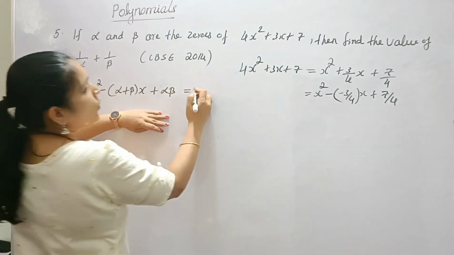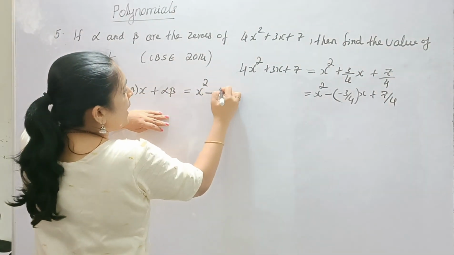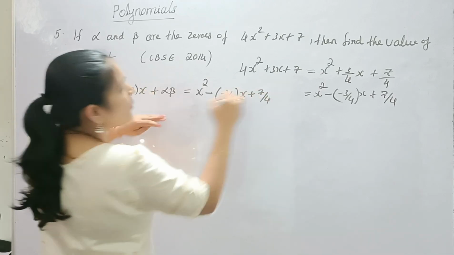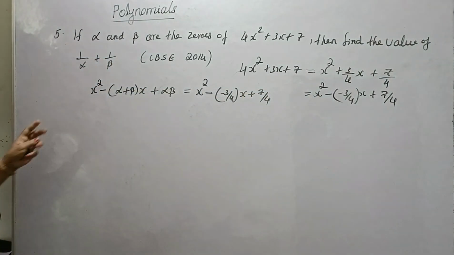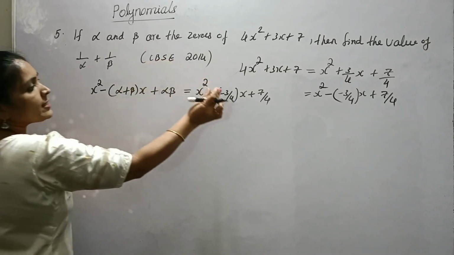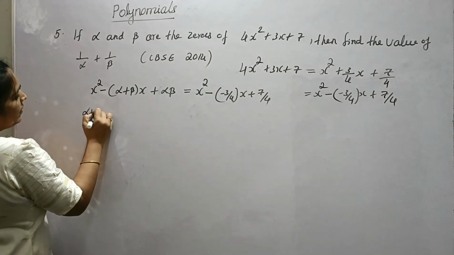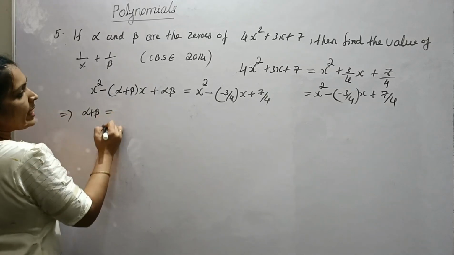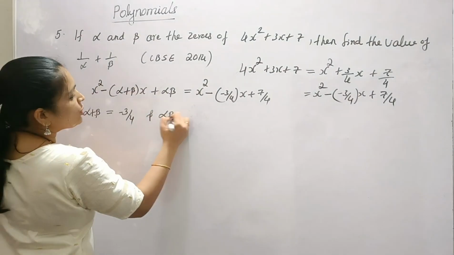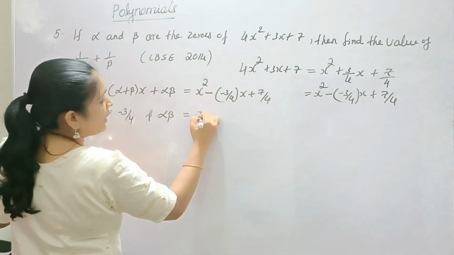So, this polynomial is equal to x square minus of minus 3 by 4 into x plus 7 by 4. Okay. On comparing both sides, we will get alpha plus beta is equal to minus 3 by 4 and alpha into beta is equal to 7 by 4.